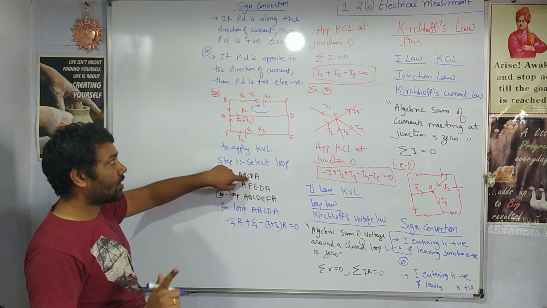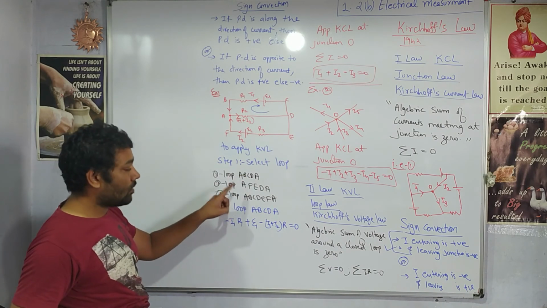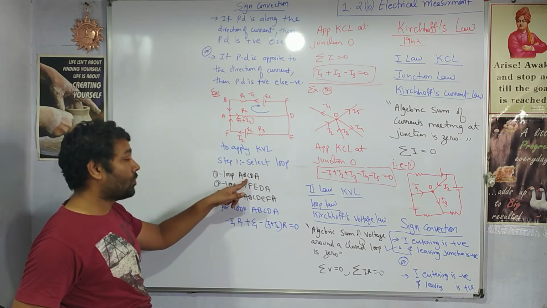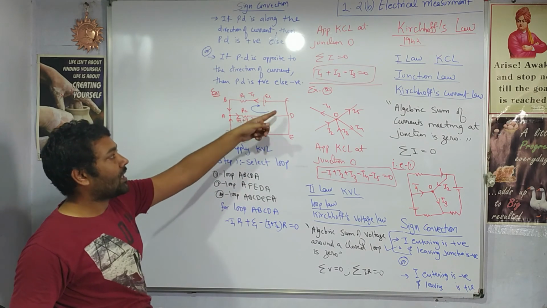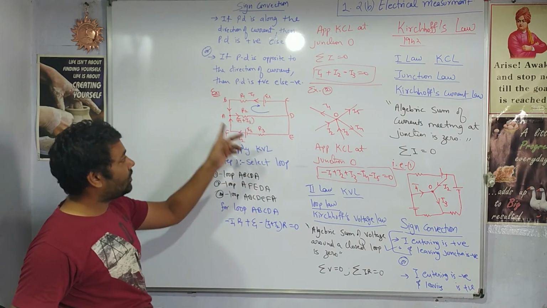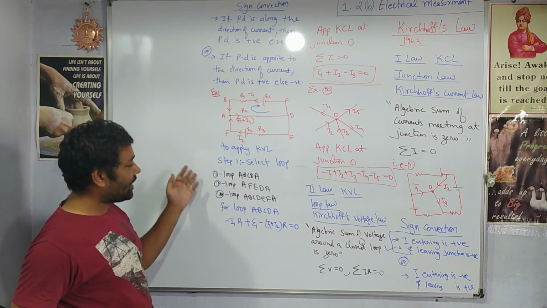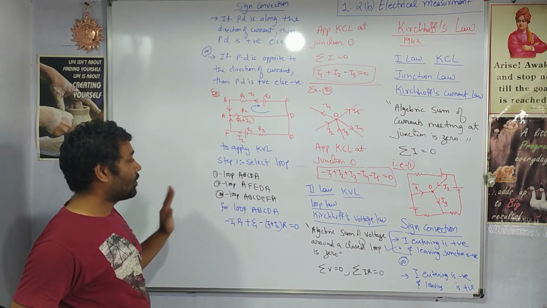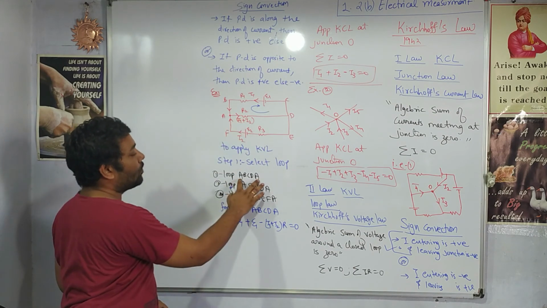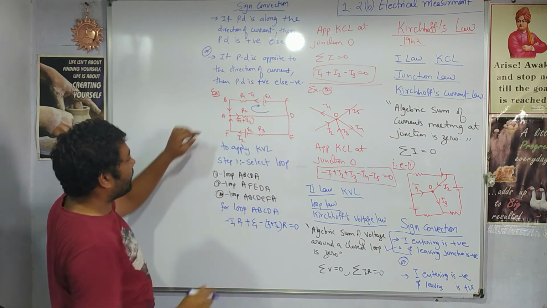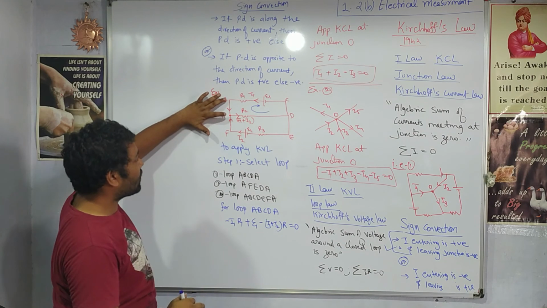Here you have to understand the sign convention, as well as how the loop works. So I have selected loop A, B, C, D. You can also select the reverse, A, D, C, B, A. It depends on you. I will select that loop also and show you how it works. As per the loop selected, A, B, C, D, A, from A to B there is no potential drop.